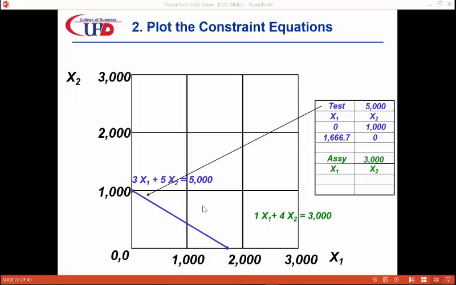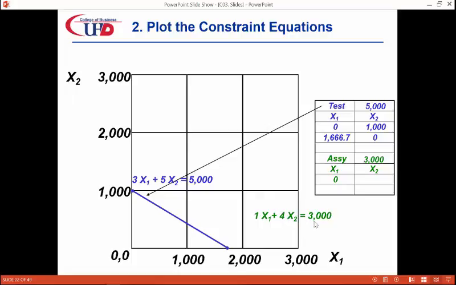For assembly, the total available hours are 3,000 hours. If we do not produce max at all, so that x1 equals 0, how many multi-max can we produce? Notice each multi-max needs 4 assembly hours.